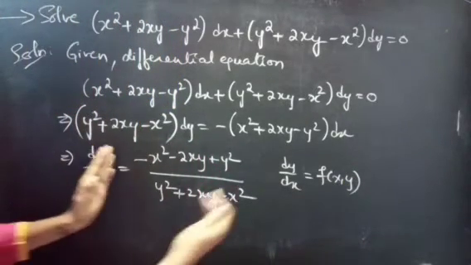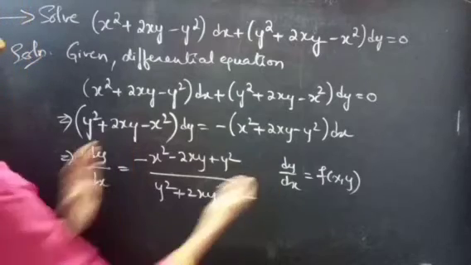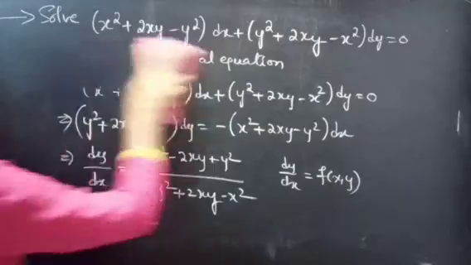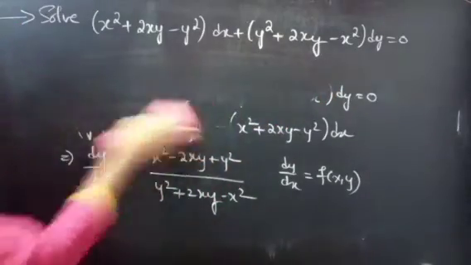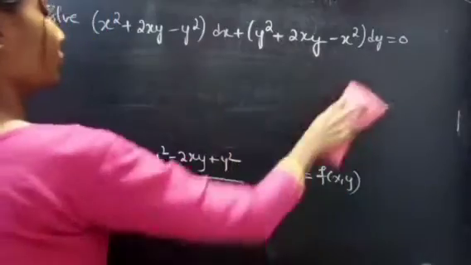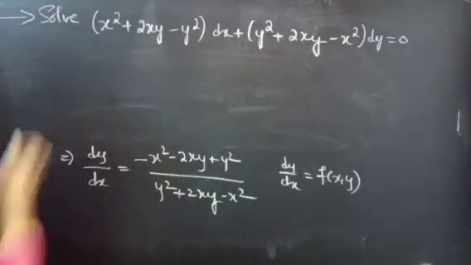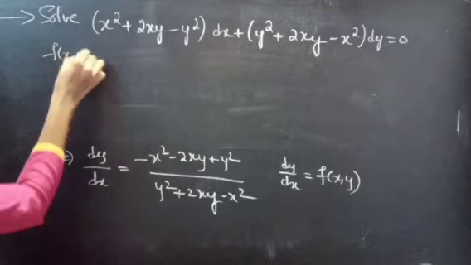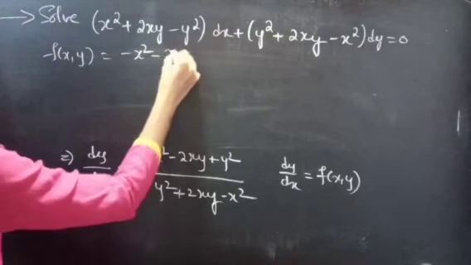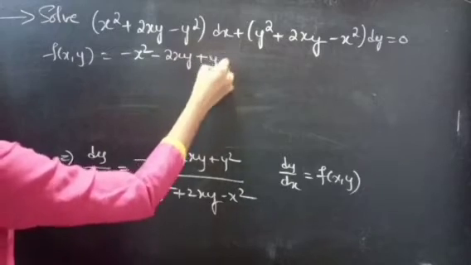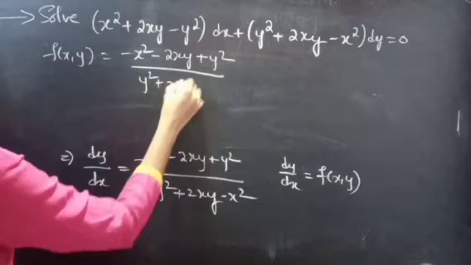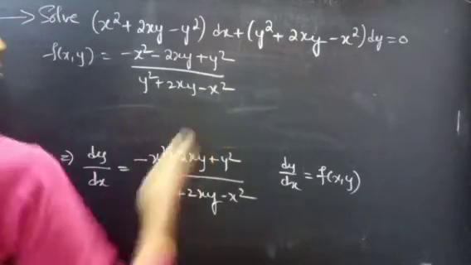So now let f(x, y) equal this function: (−x² − 2xy + y²)/(y² + 2xy − x²).